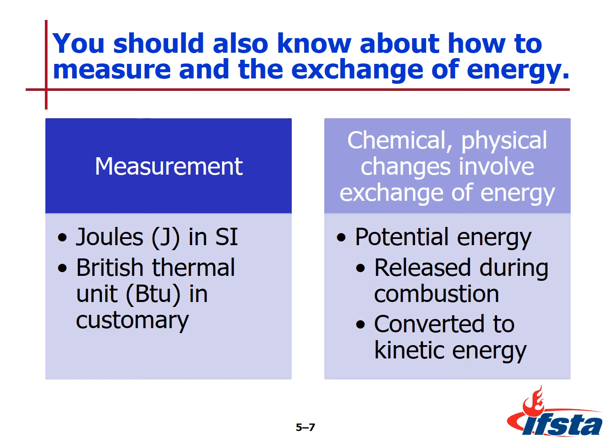We're used to the BTUs, or the British thermal unit. That's what we talk about when we're doing furnaces and stuff like that, how many BTUs it's going to need to heat a room. Basically, that's the amount of heat it's going to take for 1 pound of water to increase 1 degree Fahrenheit. Okay? So chemical and physical changes involve exchange of energy.